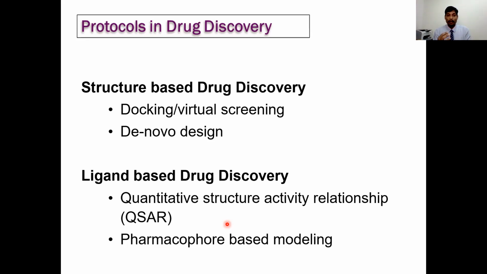You have a ligand, and based on that ligand, you want to design another drug which can work efficiently. That is called ligand-based drug discovery: quantitative structure activity relationship, called QSAR, or pharmacophore modeling. When I give an example of pharmacophore modeling, you will understand what exactly is meant by ligand-based drug discovery.